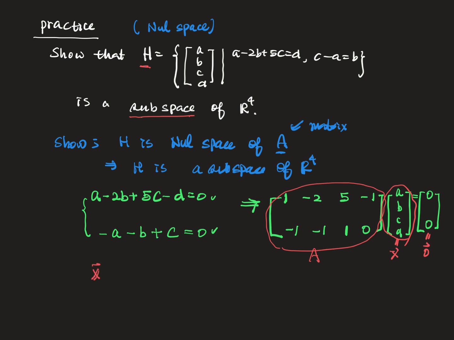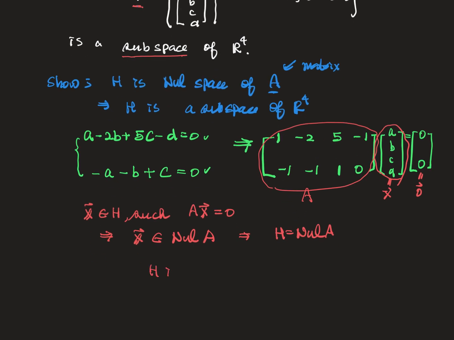So where is X? X is in H such that A X equals 0. X is in the null space of A. Which means H is the null space.